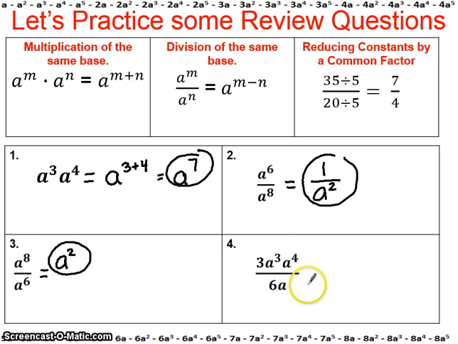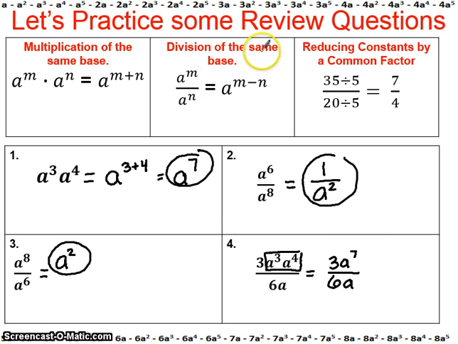Now here in number 4, we are going to be combining all 3 of the review properties that we talked about. First of all, we see multiplication of the same base here. So let's simplify that and rewrite our expression. So we get 3a to the 7th, because we added the exponents, over 6a.